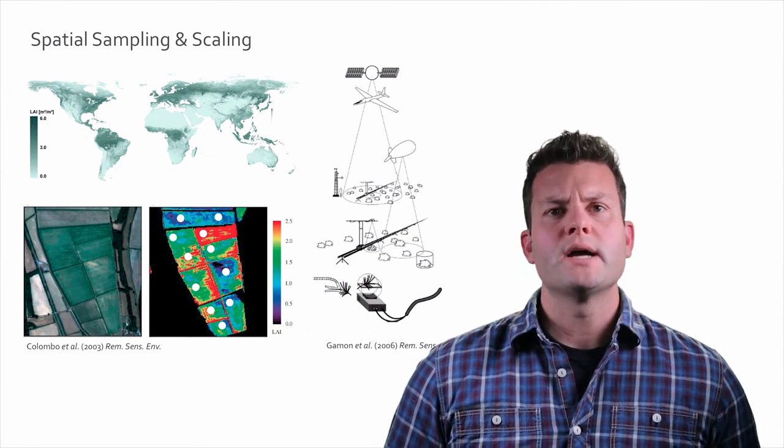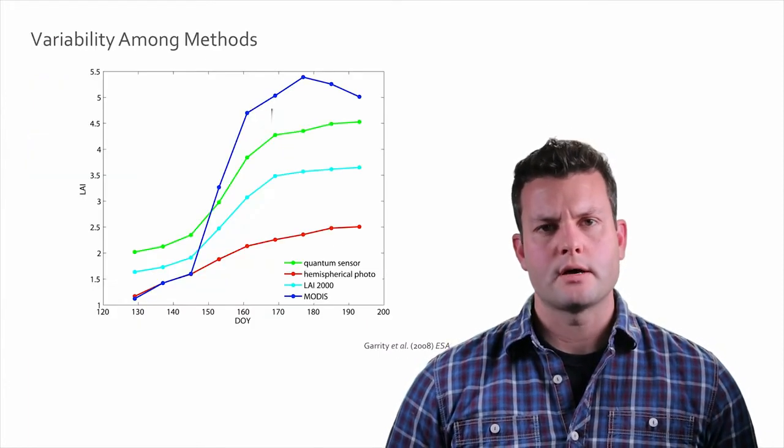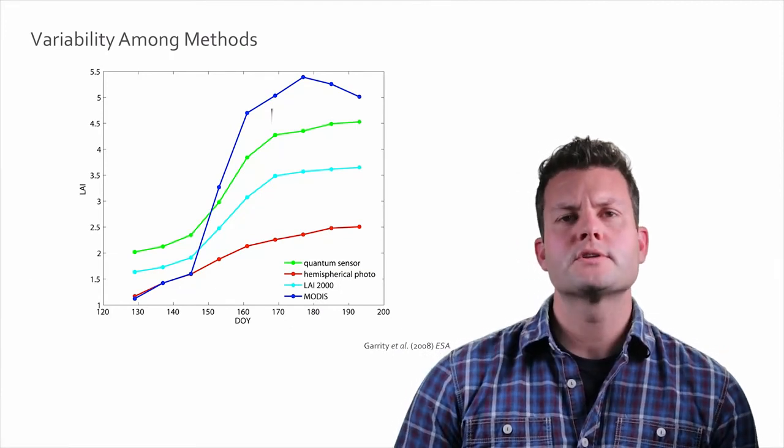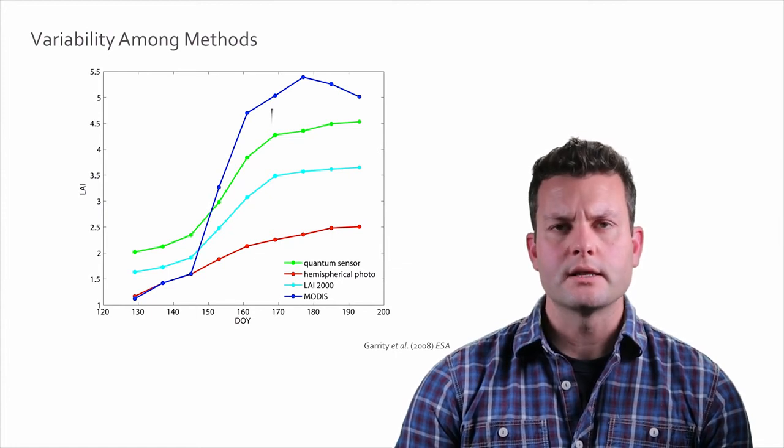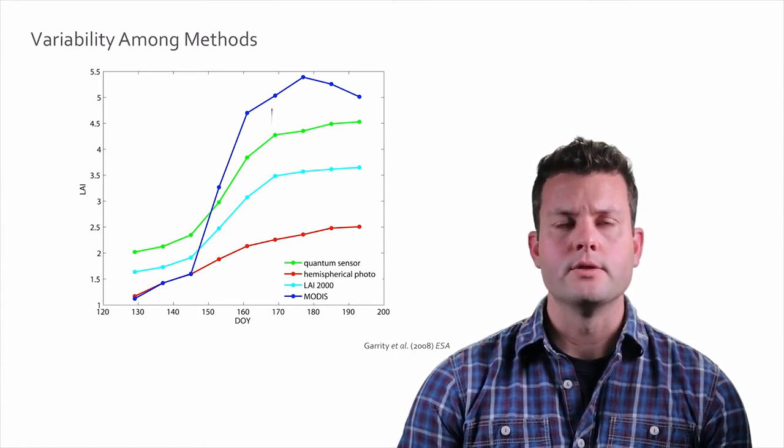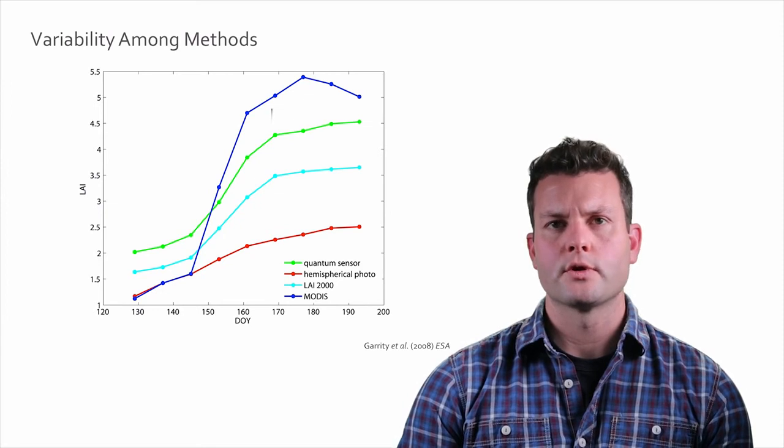The other thing to keep in mind is that not all methods will produce the same results. What I'm showing here is some data that I collected several years ago during the spring in a deciduous forest canopy.